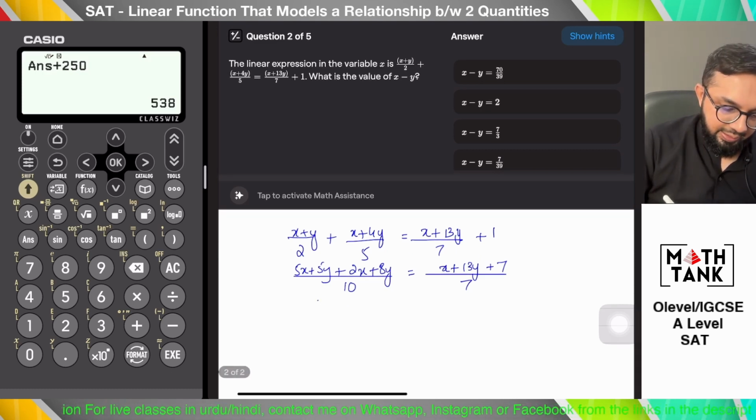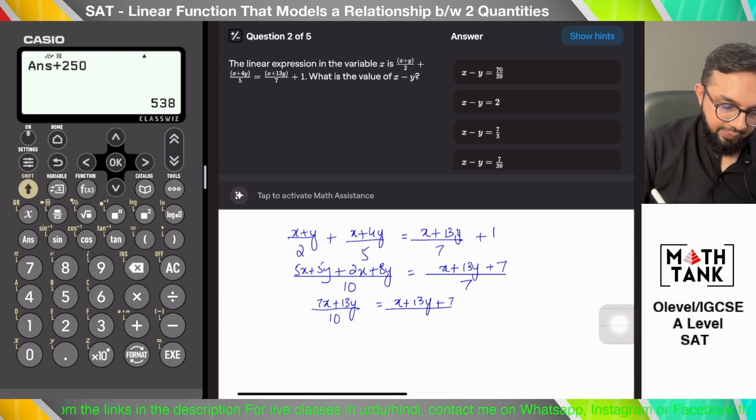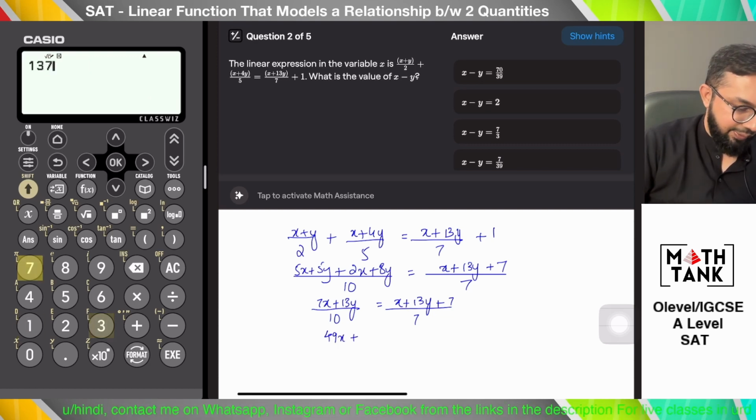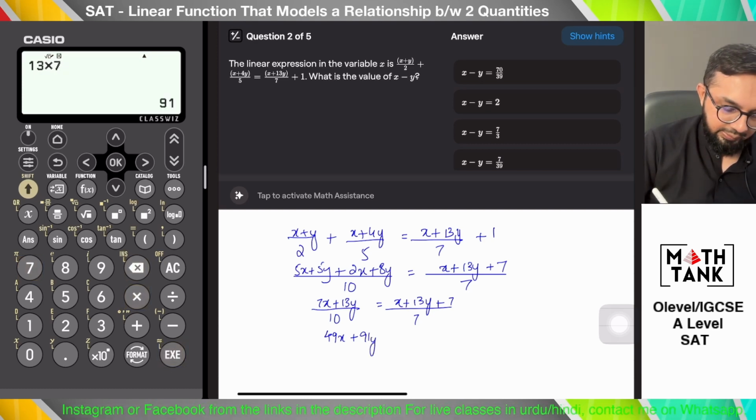So I get (7x plus 13y) over 10, and (x plus 13y plus 7) over 7. Cross multiplying gives me 49x. What's 13 times 7? 91y equals 10x plus 130y plus 70.